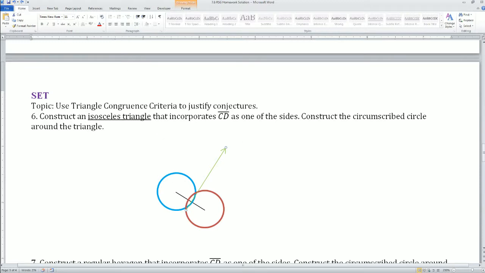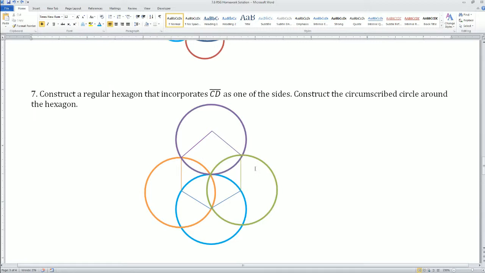From there, I connected the lines from the radius, the ends of that line segment, to that ray, made two connecting line segments to the tip of the ray. That gives me my sides for my isosceles triangle, because these two blue lines are going to be the same. Then I surround the isosceles triangle by a circumference of a circle. There you go.